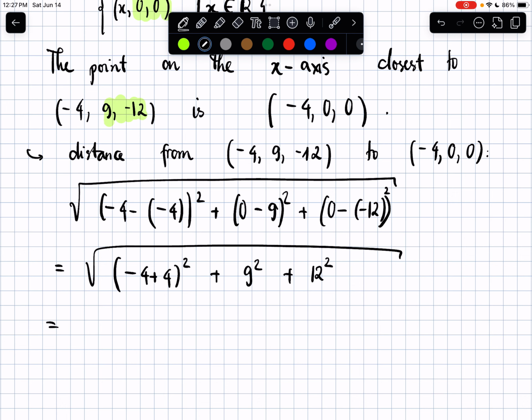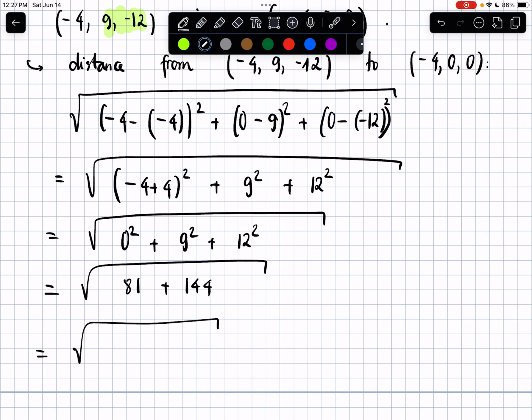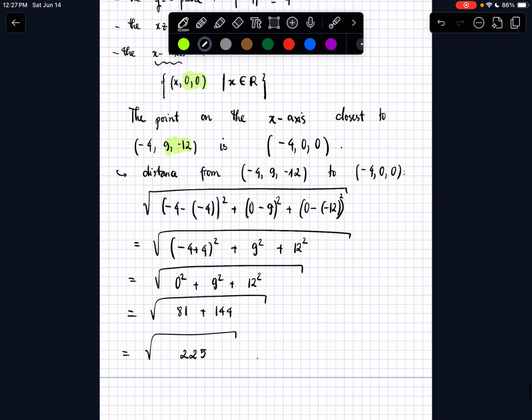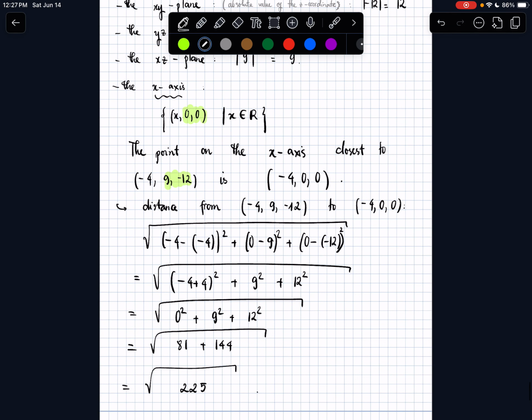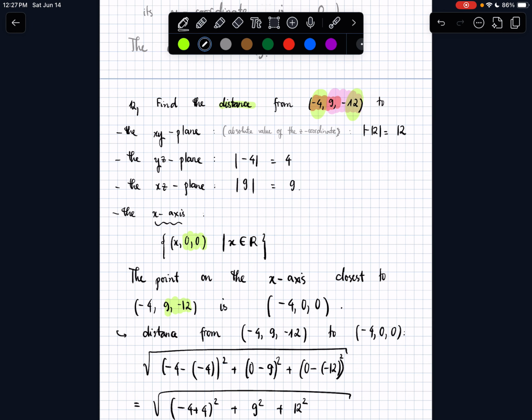What is this? 0 squared, 9 squared, 12 squared: 81 plus 144, right? The square root of 225, which is 15. So that is how we compute the distance from this point to the x-axis.